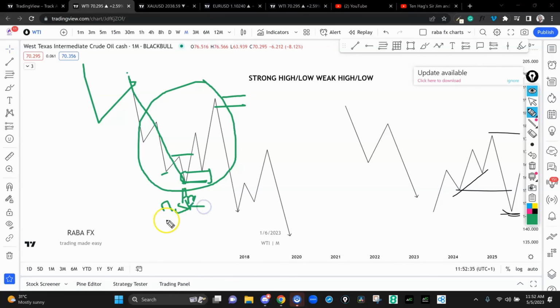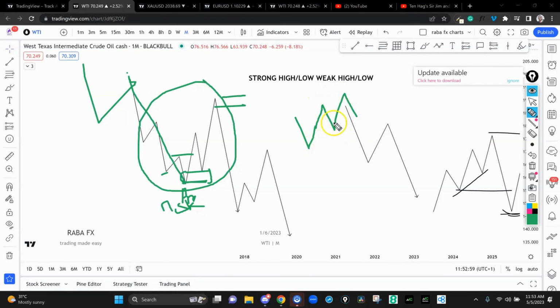This is what a lot of people don't understand. They just say, this is a strong low. They zoom into the internal structure of the market and they trade it because this is the internal structure, whereas the overall major structure is bearish. So now, a weak high is simply a high that fails to break structure.